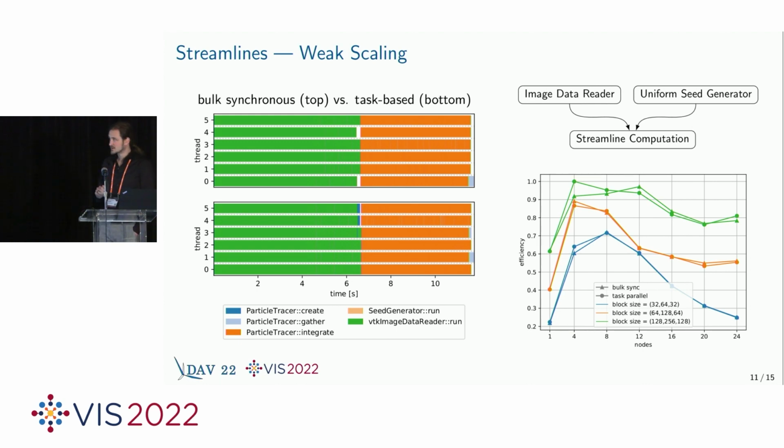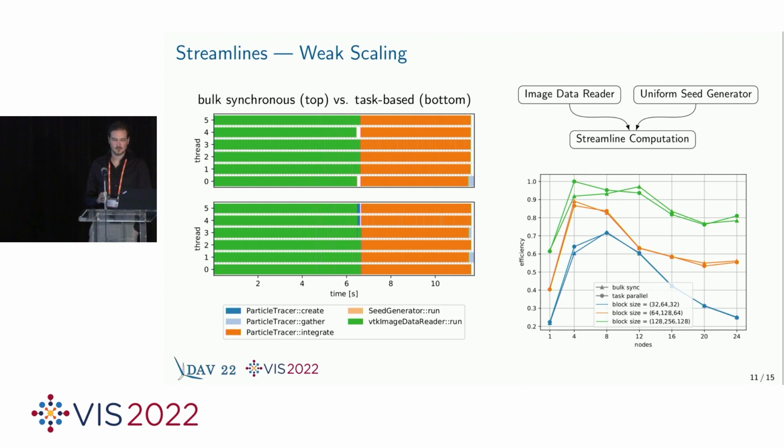The top Gantt chart is coming from the artificially bulk synchronous implementation, and the bottom one is coming from the task-based implementation. However, we don't observe a large difference here from the single run, as most of the work is coming from the data reader and the rest is the particle integration, and they're all neatly scheduled as a block.